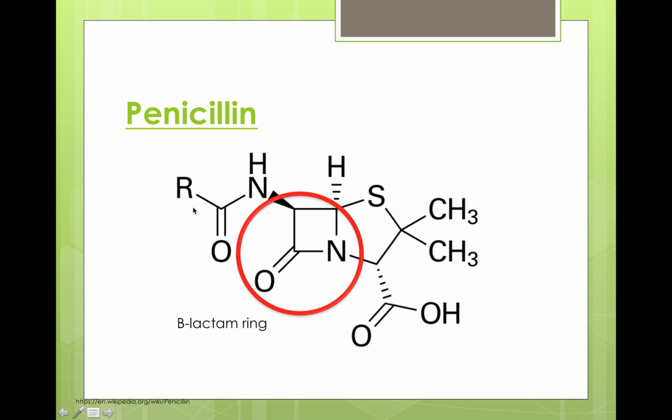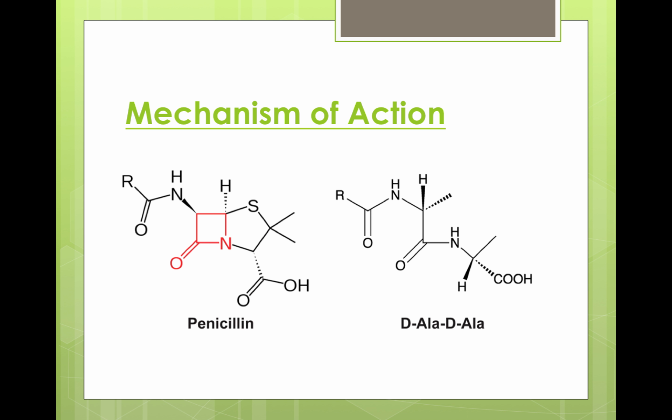But the beta-lactam ring, as we know from all chemistry classes, four-membered rings are highly reactive. They're pretty unstable. So what will happen is this mimics the alanine that we remember from the cross bridge. It looks extremely similar to the beta-lactam ring of the penicillin.